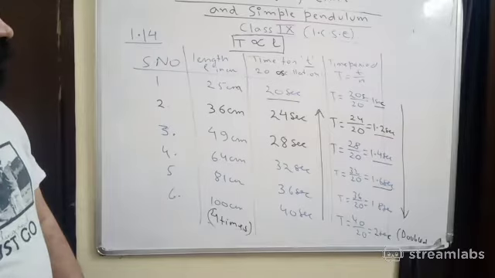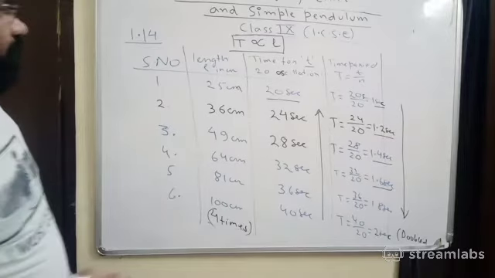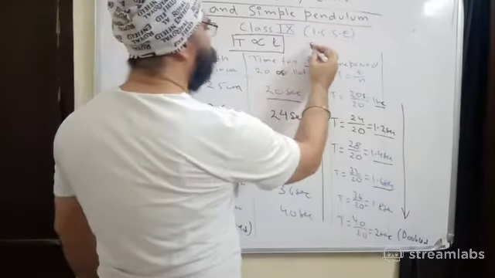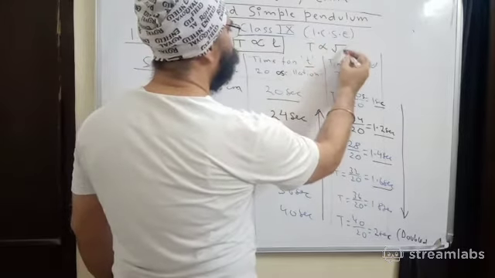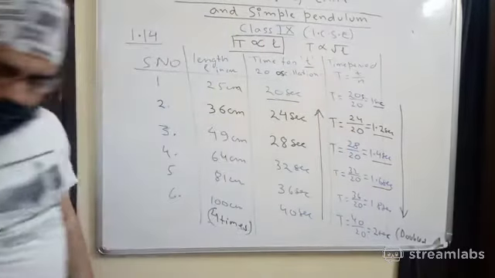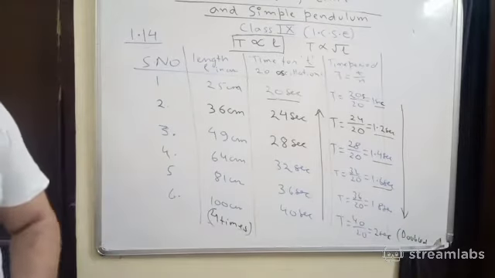Which means what? Which means that the time period is proportional to the root of L. Okay, the root of L, right?